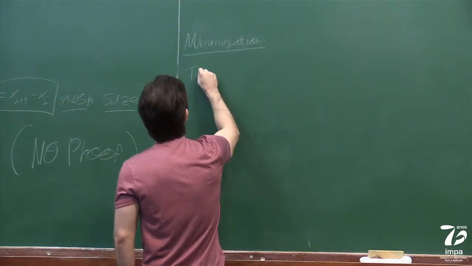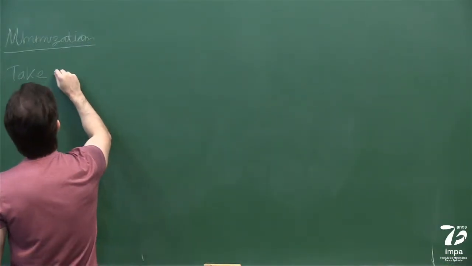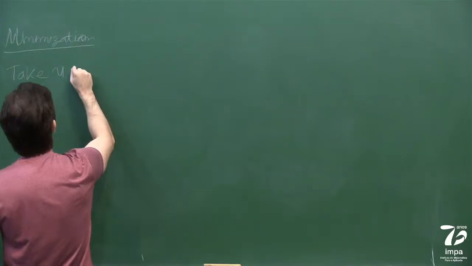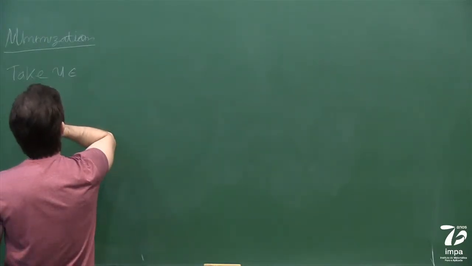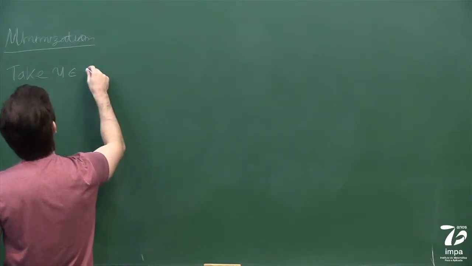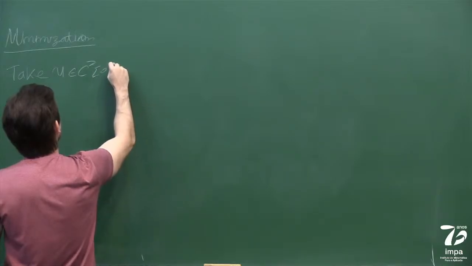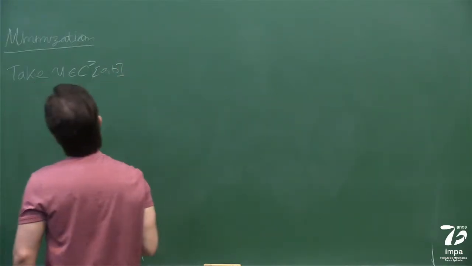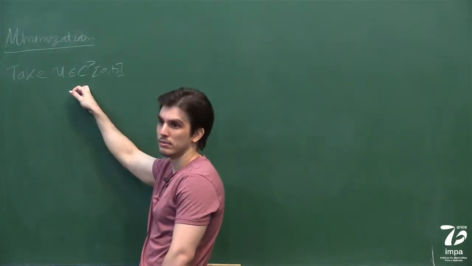Take some function u belonging not to S delta, but to C2 of the interval AB. So u is just C2, but not a cubic spline, okay?